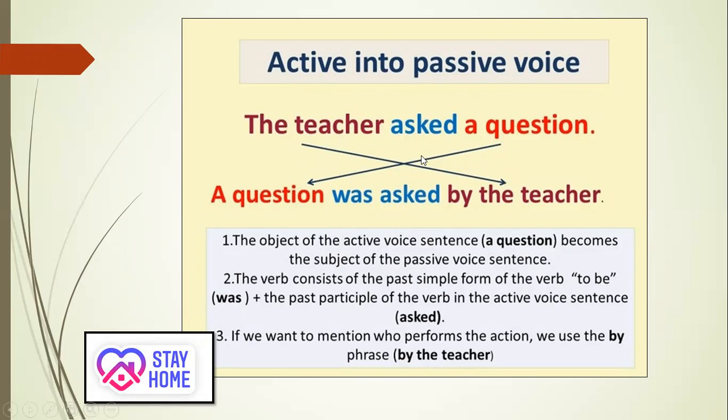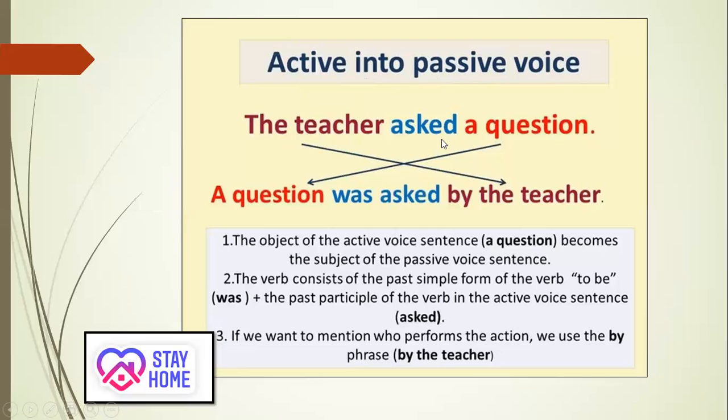Remember that we are studying the past passive. In the previous slide, I showed you how to use the verb be in different sentences, but in this case, we are studying the past passive voice. The teacher asked, as you can see here, is in the simple past.